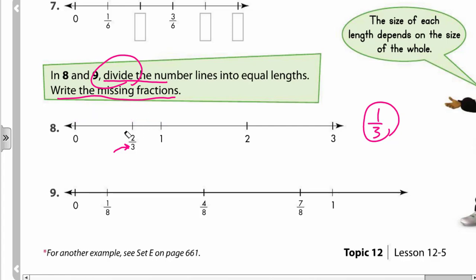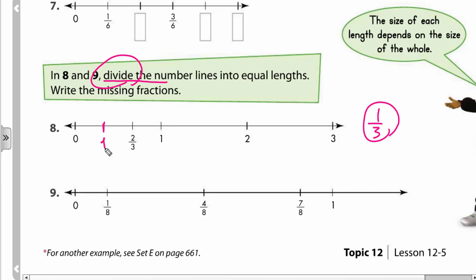Okay, so let's divide the distance between 0 and 1. This is 2/3, so I need 1 here. And as you can see, this is 1/3, and this is another 1/3, and this is another 1/3. So we have 3/3 between 0 and 1. Okay. So let's write the first fraction, 1/3. Great.